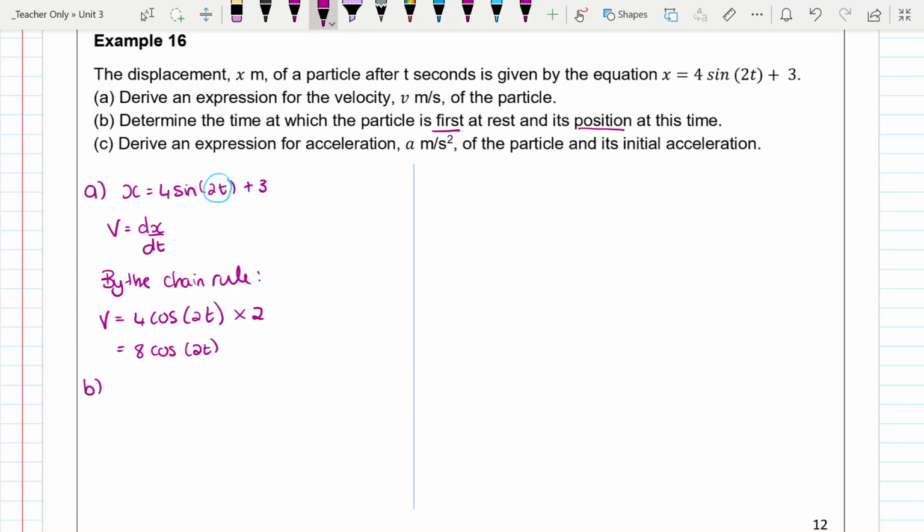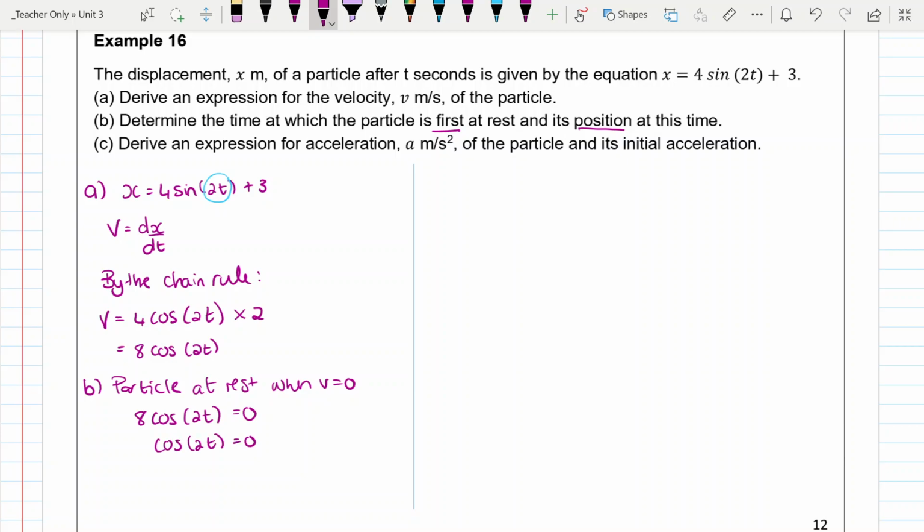So at rest means when our velocity is equal to 0. So we can say 8 cos of 2t must equal 0. Okay, and we can divide both sides by 8 because that 8's not going to make a difference.